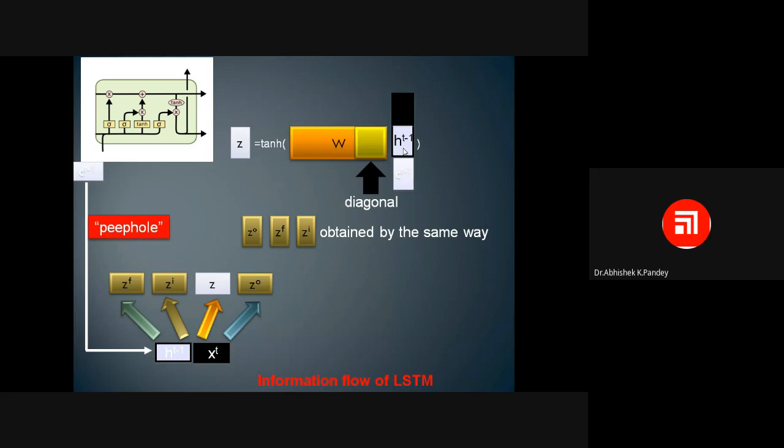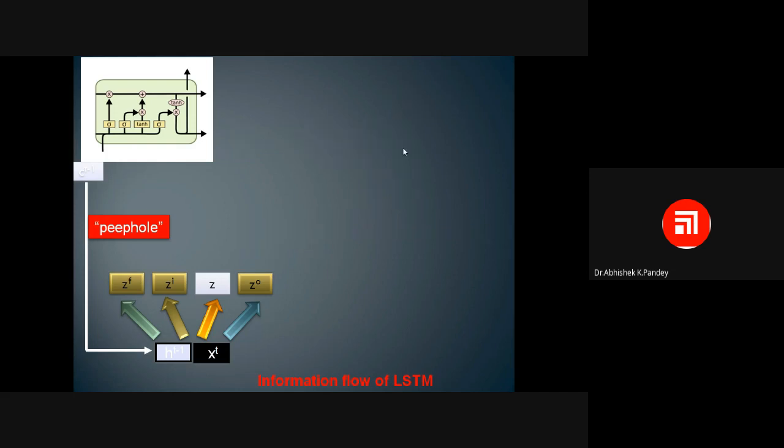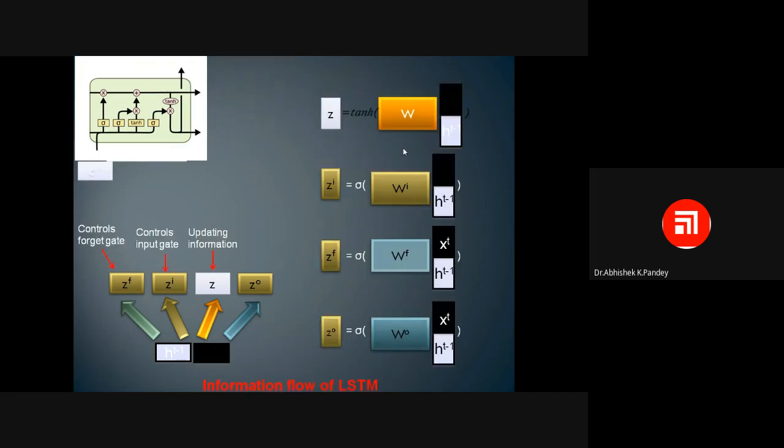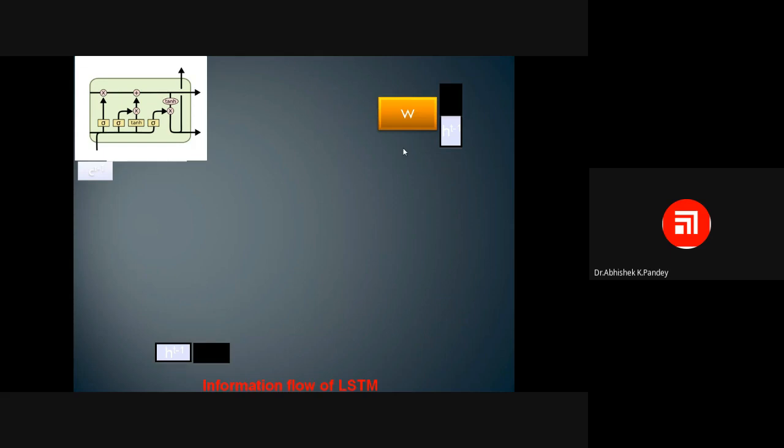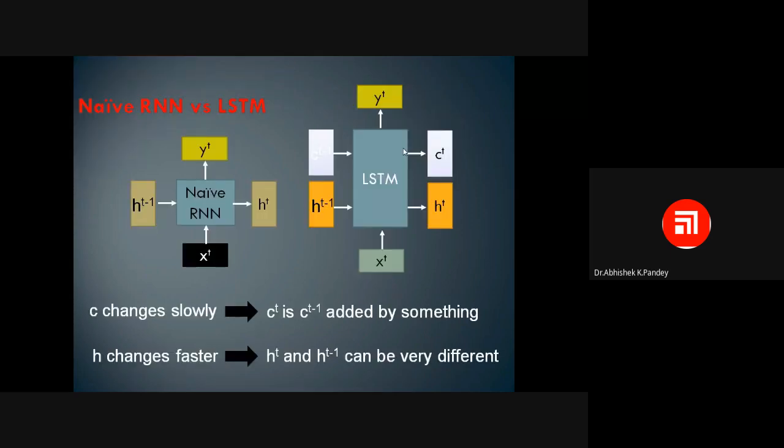In addition to it, LSTM also has a cell state representation. I'm getting back to the previous slide, that is CT and CT minus 1. Here we are, CT and CT minus 1. Okay to all of you?